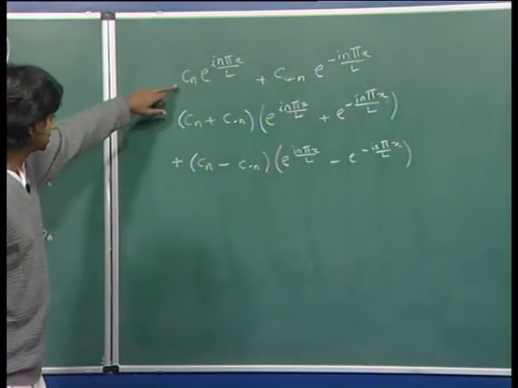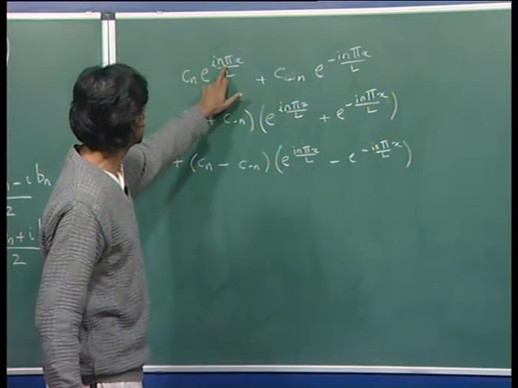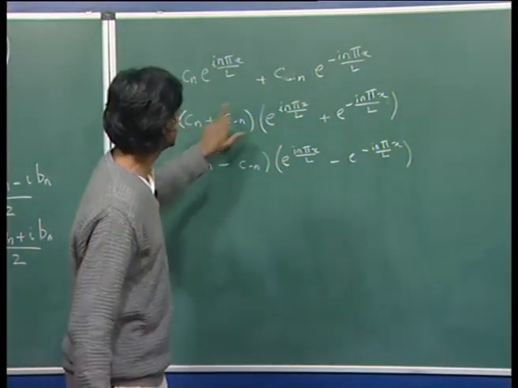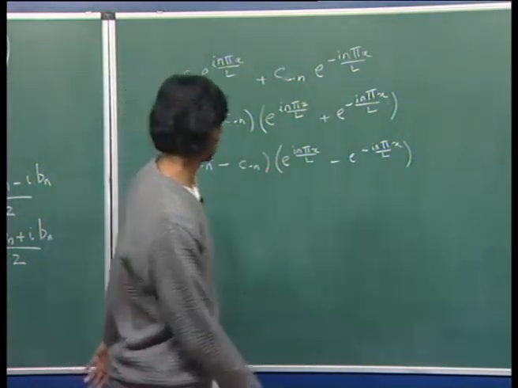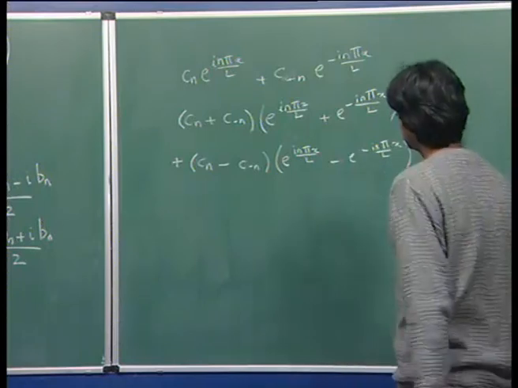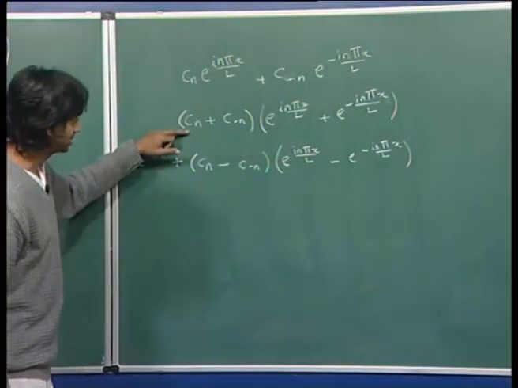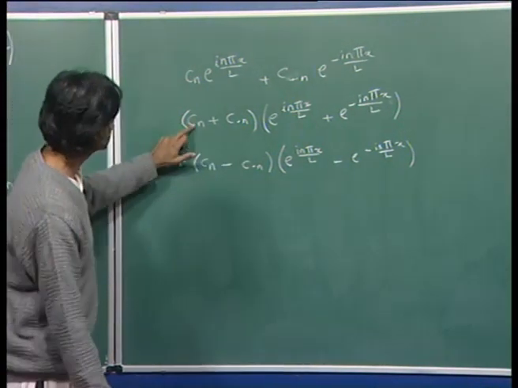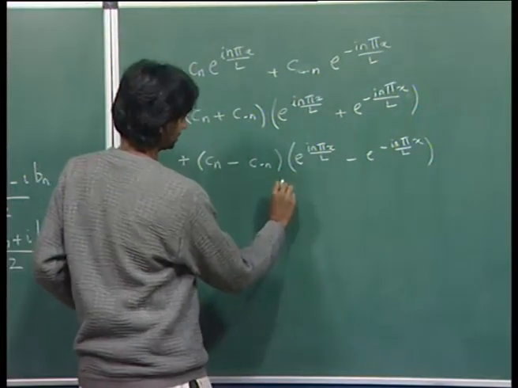So, what I did was I added a C_n e to the i n pi x by L, C minus n e to the minus i n pi x by L, and I should subtract those terms, and a factor of 2. So, if you add up these two, you will get there should be a factor of 2.